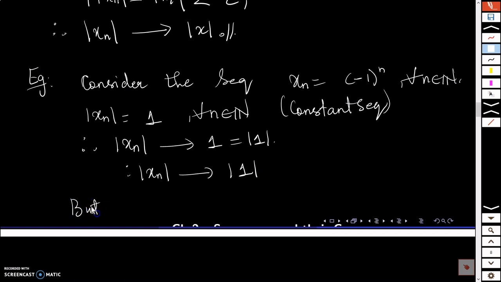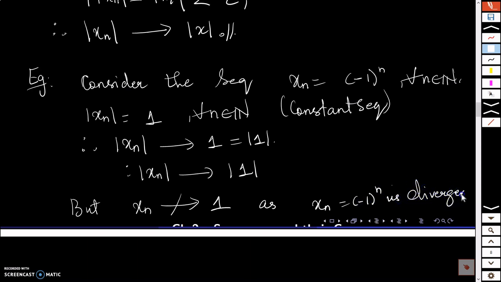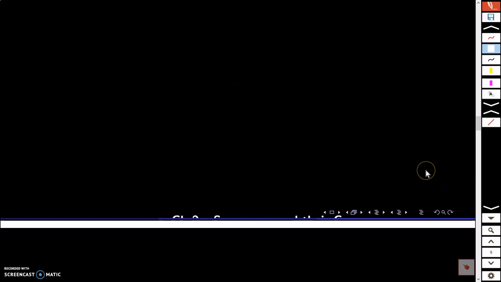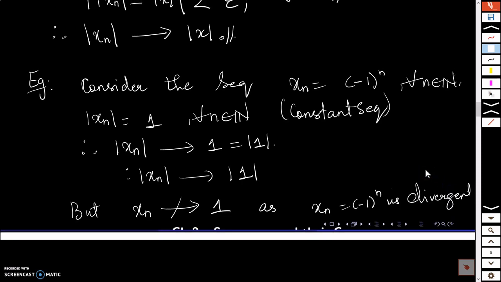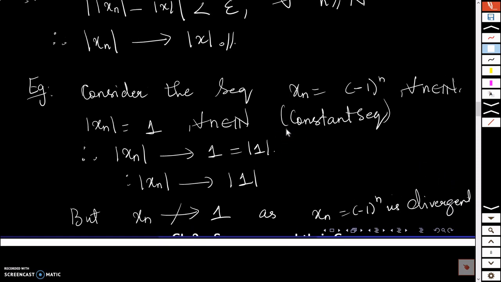But the sequence xn does not converge to 1, as we have already shown that the sequence xn equal to minus 1 raised to n is divergent. So modulus of xn converges to modulus of x, that happens here, but xn is not converging to that particular x. This is called a counterexample.